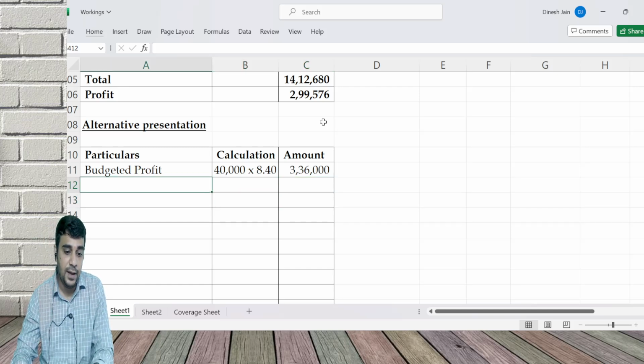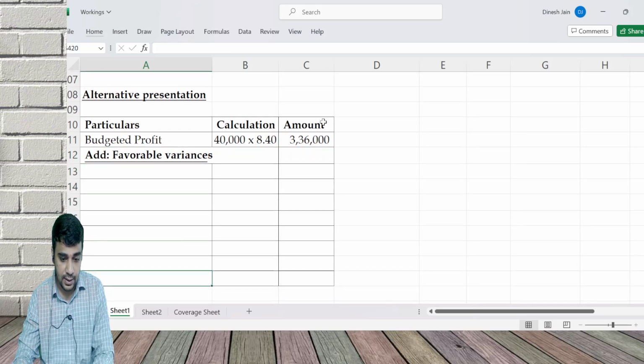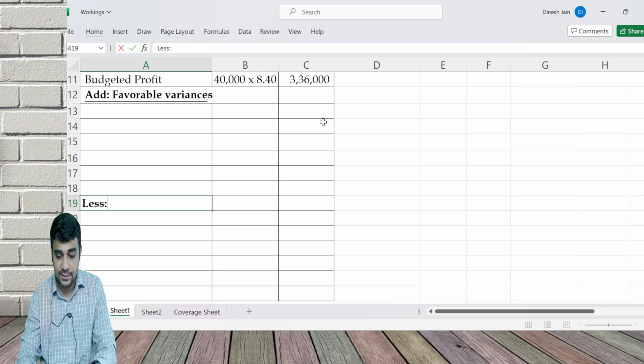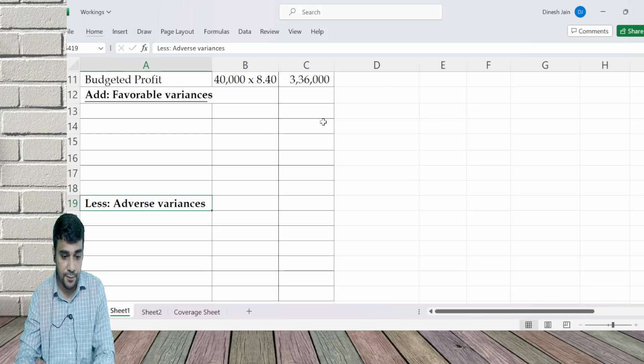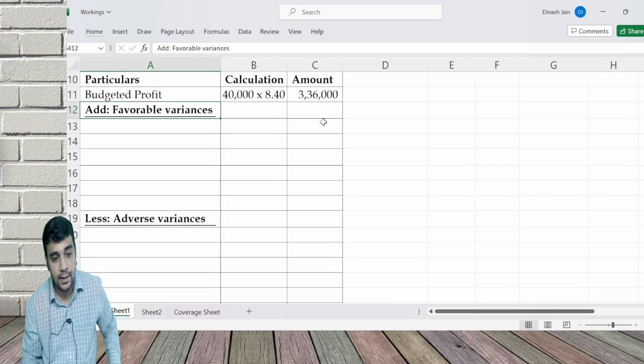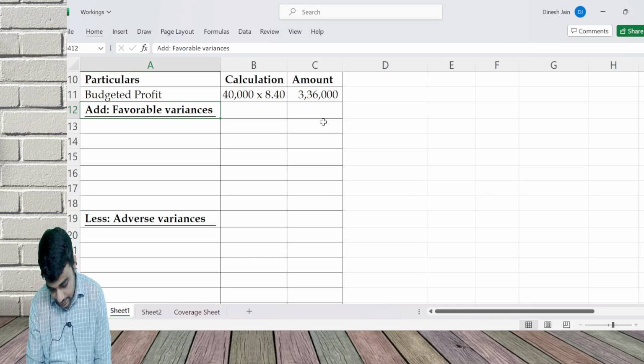So, add favorable variances. Underline that. Leave some 5-6 lines. Less adverse variances.